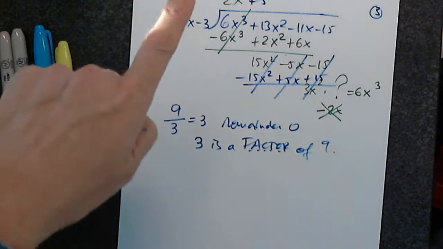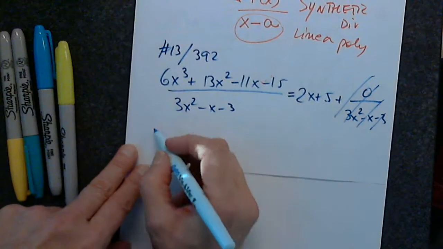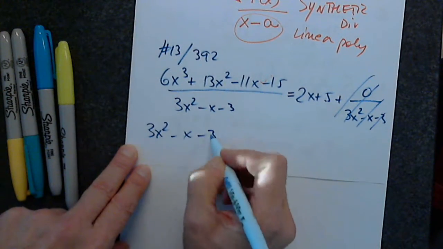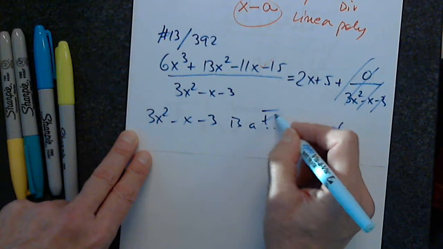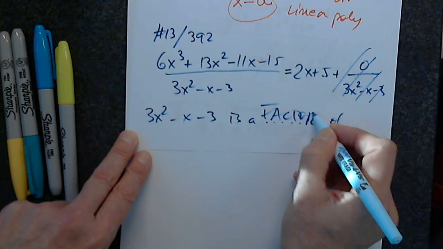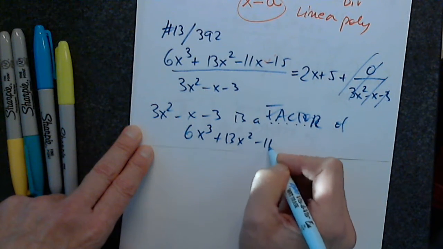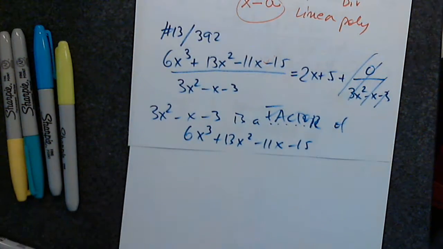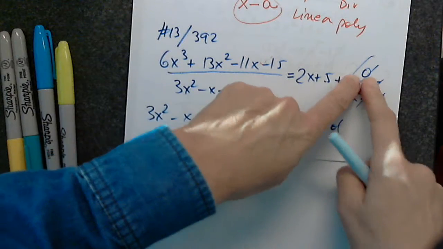So now, coming back to our problem, what can I say about 3x squared minus x minus 3? Yes, it is a factor of 6x cubed plus 13x squared minus 11x minus 15. Why can we conclude that this is a factor of that? Because the remainder is 0.